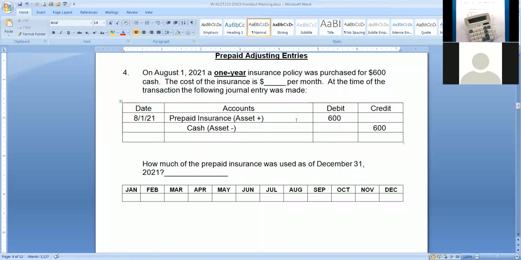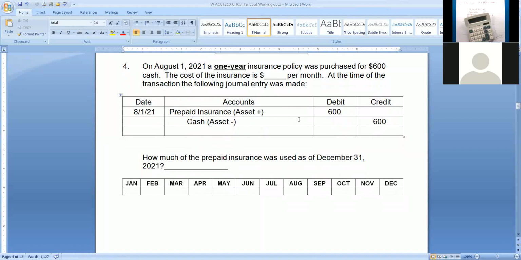Okay, so what did you guys come up with for, how much is it per month? $50. Yep. So it's $50 per month.